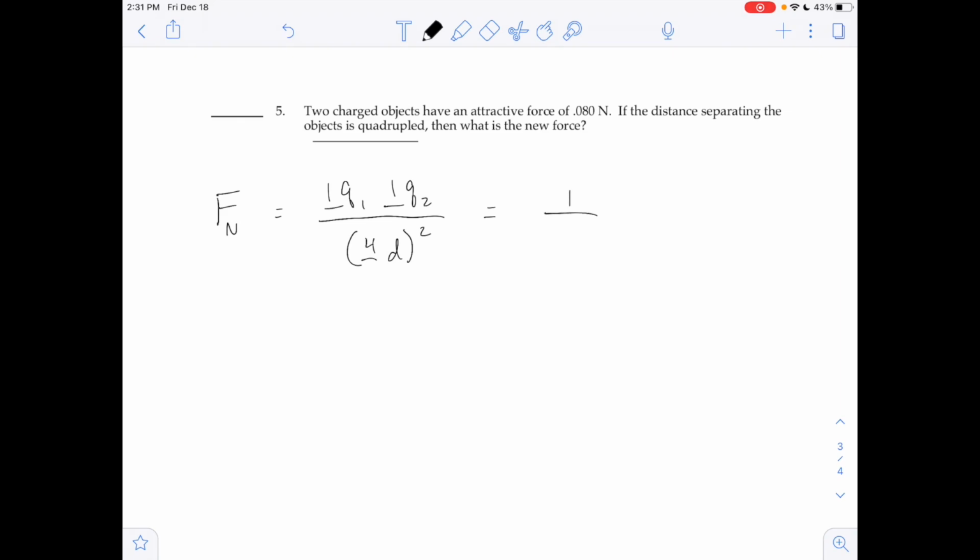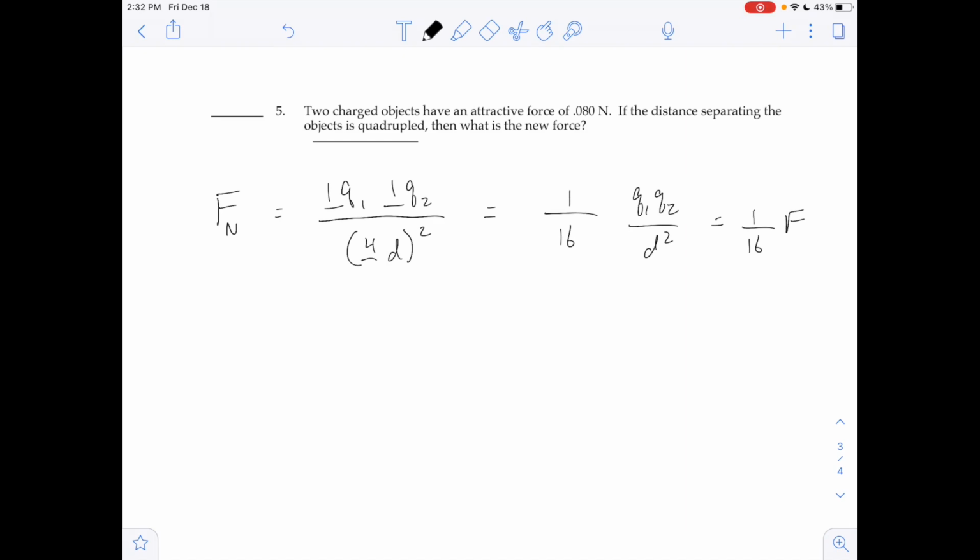Okay, now if we do that, then what we're going to end up with is a 1 in the numerator. And in the denominator, we're going to end up with a 4 squared, which is 16. And so we end up with a 1 over 16 Q1 Q2 over distance squared. So if we quadruple the distance, that means that we are multiplying that force by 1 over 16 to get the new force. So increasing the distance between the charges is going to decrease the amount of force being applied. Okay, hopefully that makes sense, right?